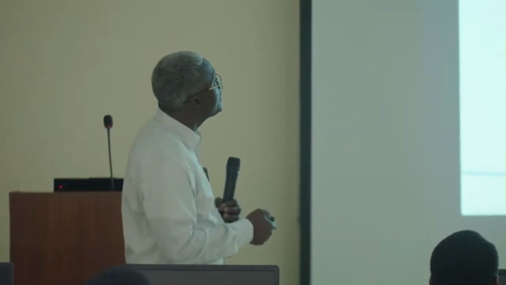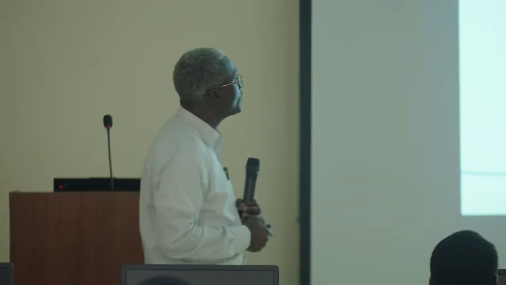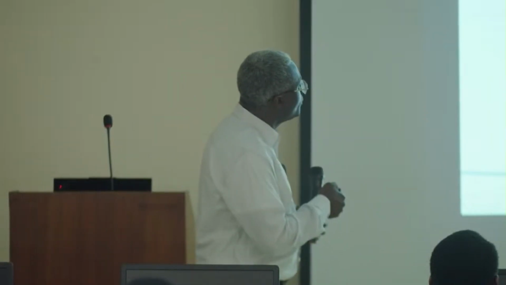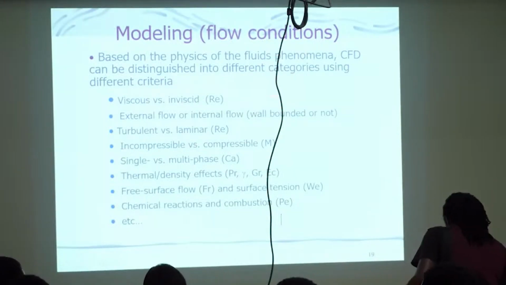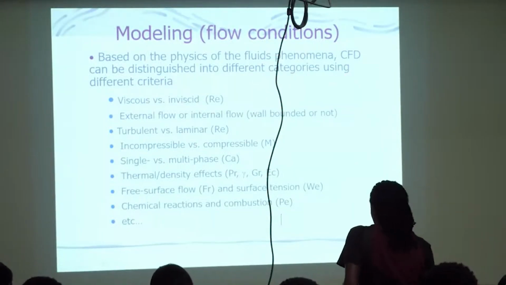So based on the physics of the fluid phenomena, CFD can be distinguished into different categories using different criteria. Why is all of this important in being able to distinguish between different criteria?